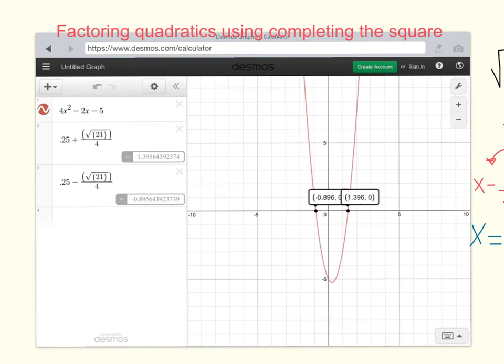And then, in order to show you the connection, I substituted or plugged in the actual answers, changing 1/4 to 0.25, so don't get confused. And then what happened is, if you notice, the values match the roots. And that's how you use completing the square.